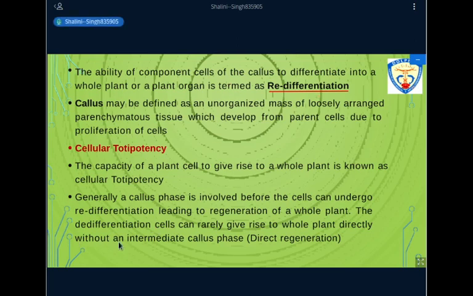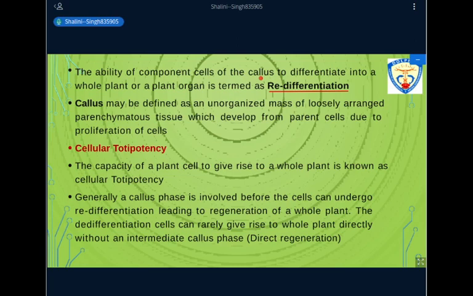Now what is this redifferentiation? It is the ability of component cells of the callus. So we are moving to the next stage. Where were we earlier? Earlier we were on de-differentiation. So now from de-differentiation to the next stage, that is redifferentiation.